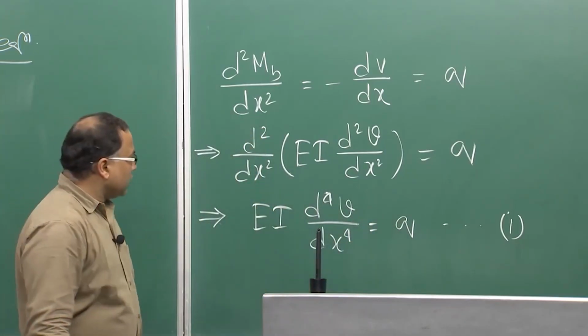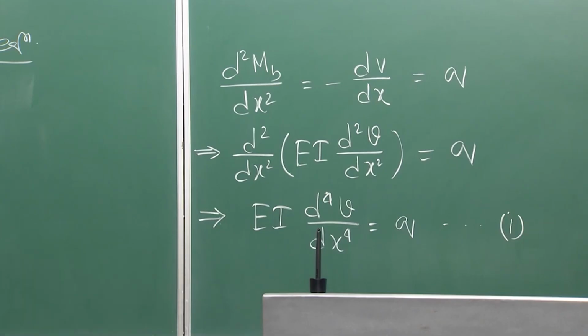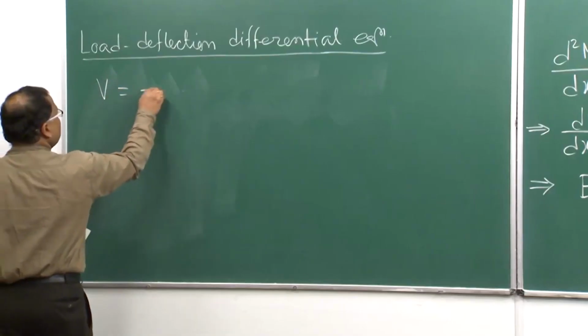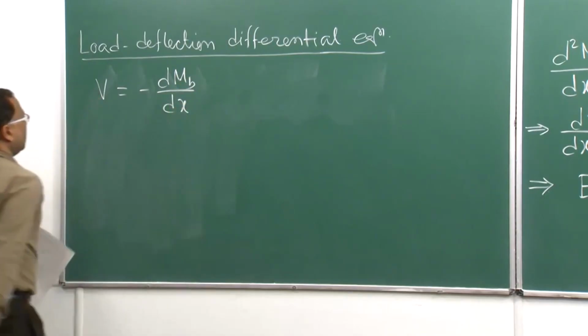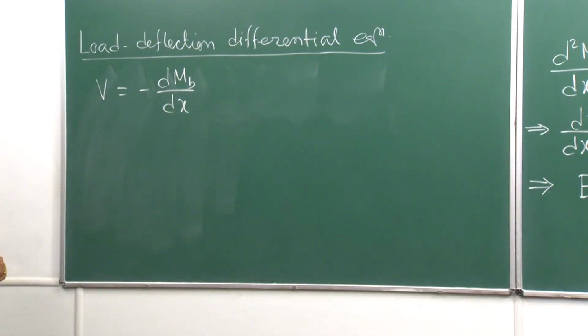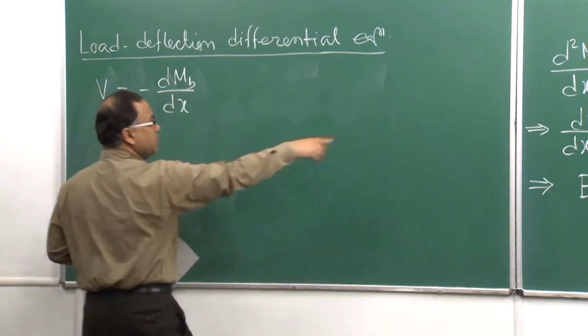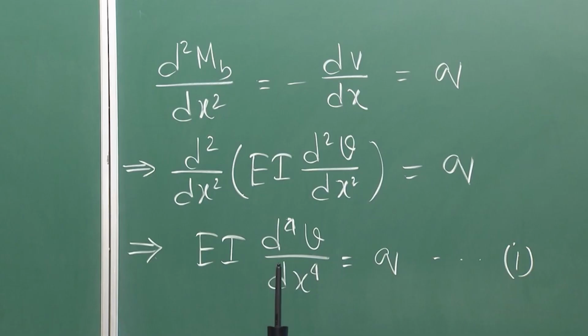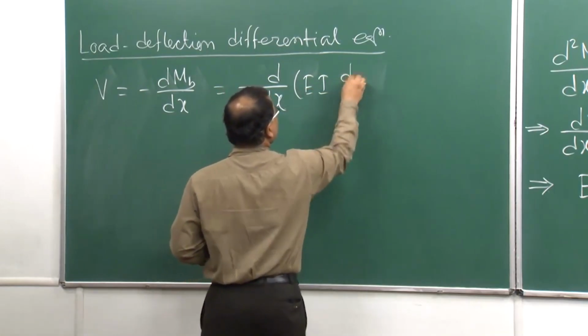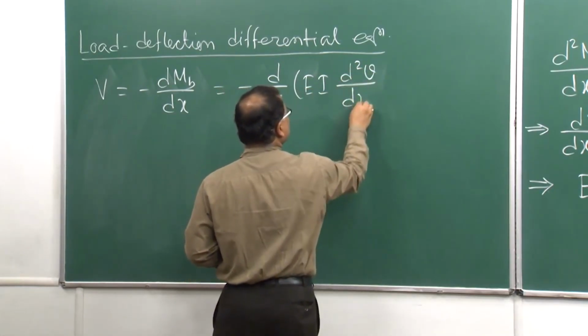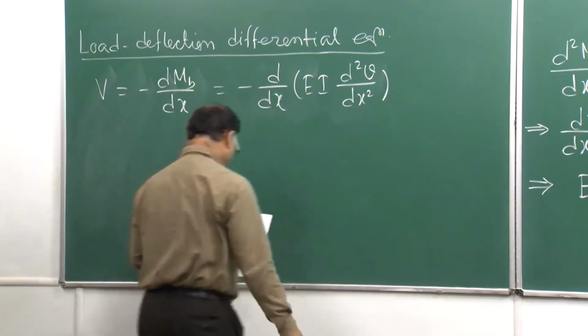Now, we have already seen that V equals minus dM_b/dx. So, in place of M_b we can put EI d2v/dx2. So, I can write V equals minus d/dx of EI d2v/dx2.